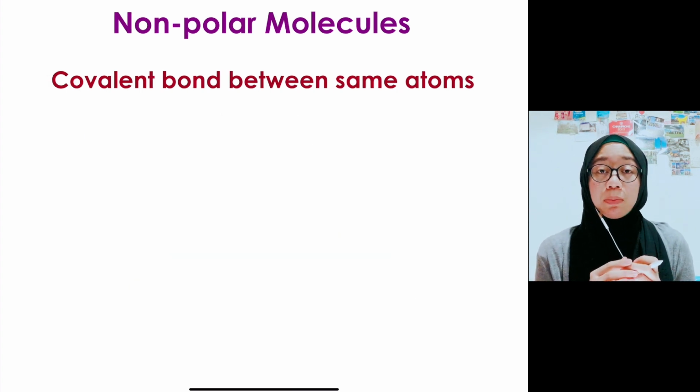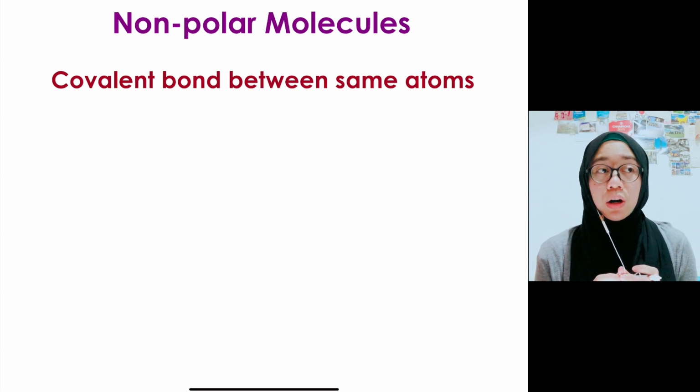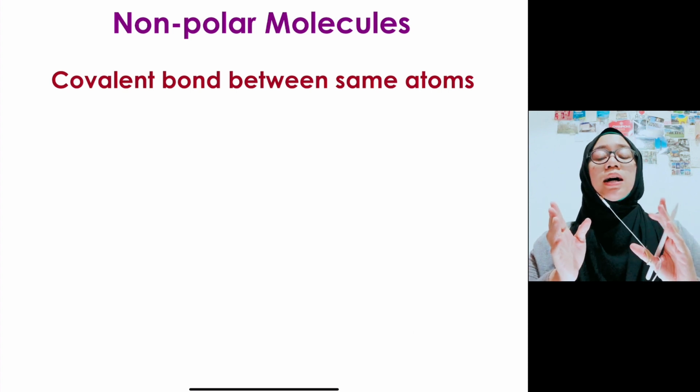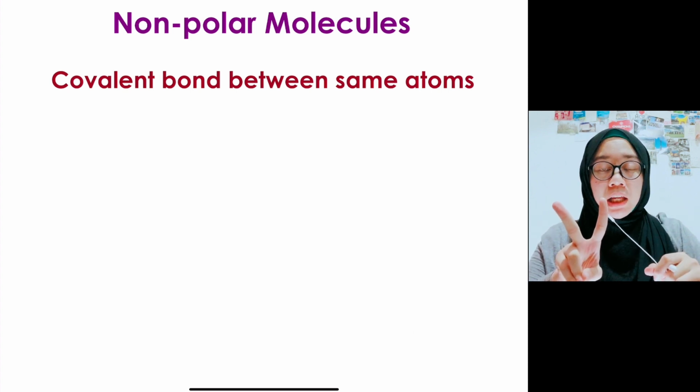Whereas for a non-polar molecule, usually you will see it is a covalent bond between the same atoms. So we saw earlier that a polar bond is between two atoms with different electronegativity.